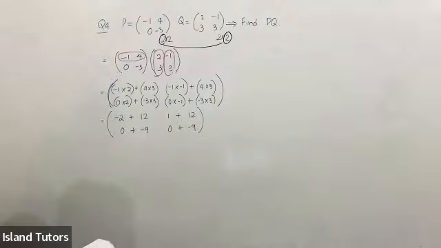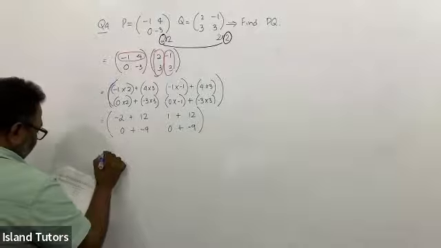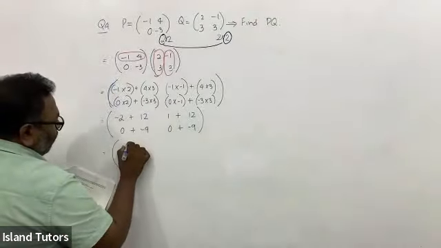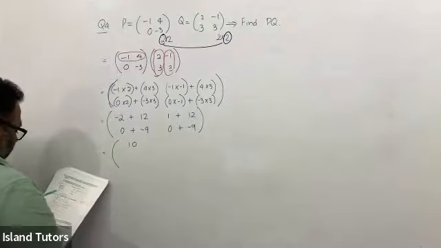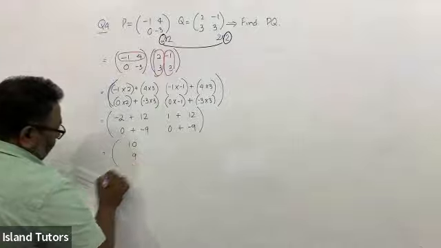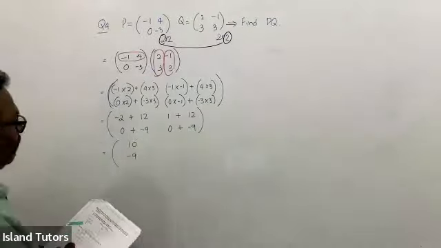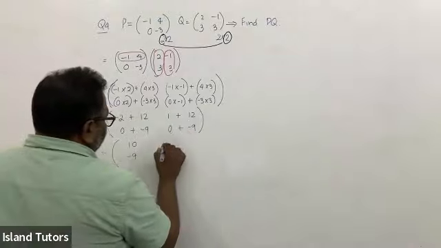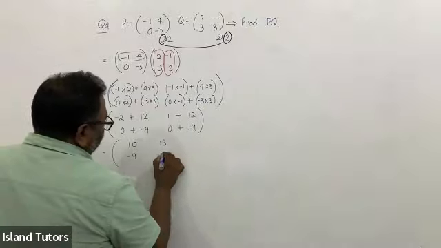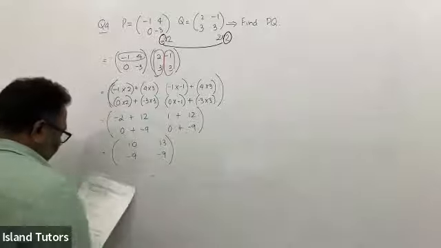Right? So -2 plus 12 is 10. 0 plus -9 is -9. 1 plus 12 is 13. 0 plus -9 is -9.